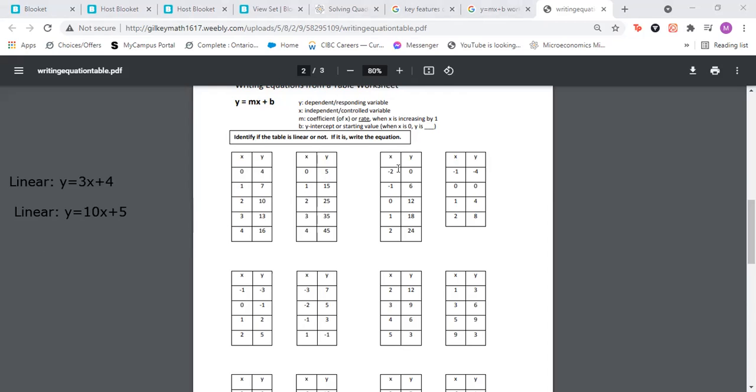Would it be linear or not linear? It would be linear. So what would be the equation? Y equals 6x plus 6. 6x plus 12, because when x is 0, y is 12.